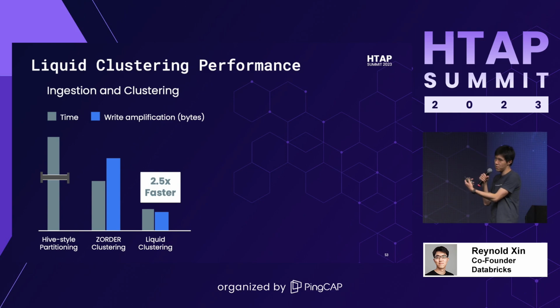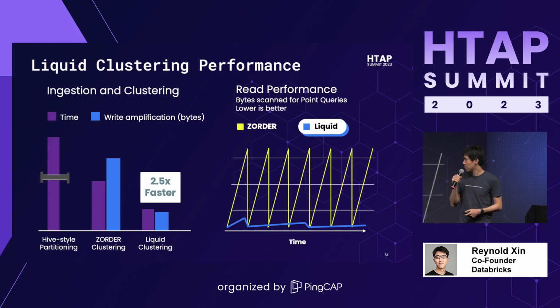Another technique we released a while ago, called Z-order, was also quite problematic when it comes to continuous ingest. Liquid was able to accomplish 2.5 times faster than our previous generation approach, Z-order, but more importantly, because the KD tree property can be done in a very incremental way, with Liquid you always see a very smooth curve compared with a lot of other approaches that are not very incremental, like Z-order.